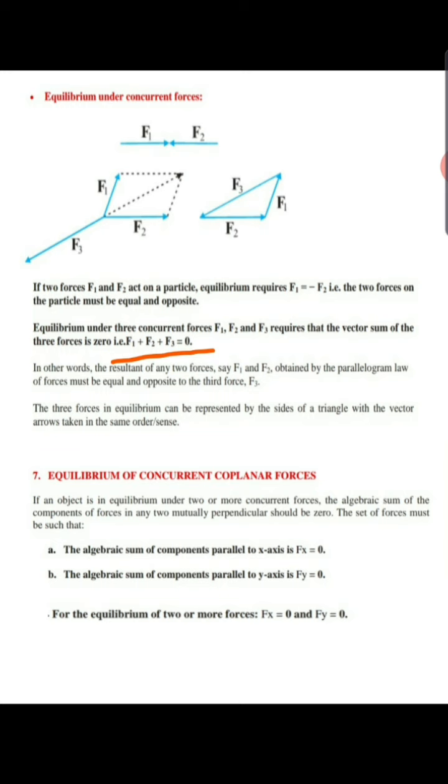That means the algebraic sum of components in the x direction, that is Fx, should be equal to 0, and the algebraic sum of components in the y direction, that is Fy, should be equal to 0. So for equilibrium of two or more forces, net Fx should be equal to 0 and net Fy also should be equal to 0. It simply means the forces should be balanced in x and y directions separately.